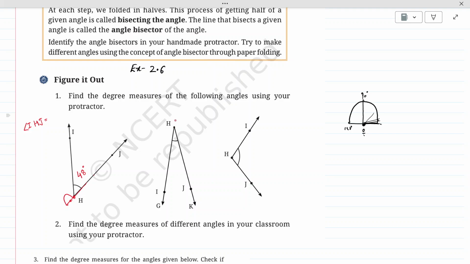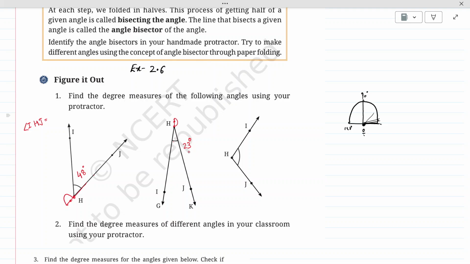Similarly, in this figure, your protractor is going to come here like this. You have to map the center point with this H. The lower arm will coincide with this HI part, and then we can measure the other angle. When you keep the protractor center point on H and overlap the lower line with HI, we will see that the other arm comes at around 23 degrees.